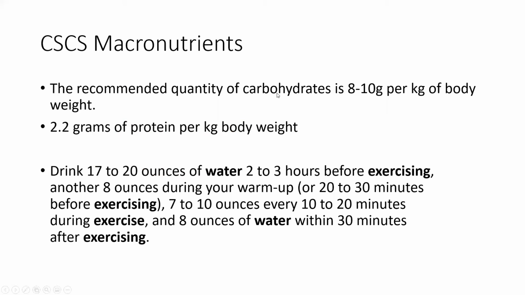Okay, so recommendations: carbohydrates should be about 8 to 10 grams per kilogram of body weight, while protein is about 1 gram per pound, or 2.2 grams per kilogram. So that's about 22 grams per pound of body weight of carbohydrate and 2.2 grams of protein.